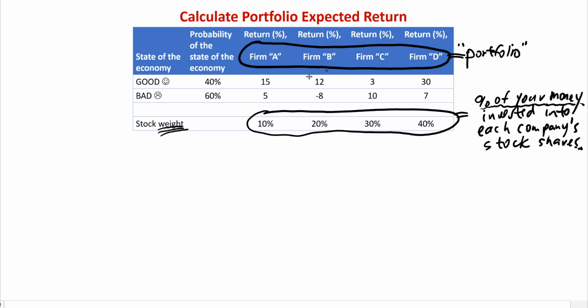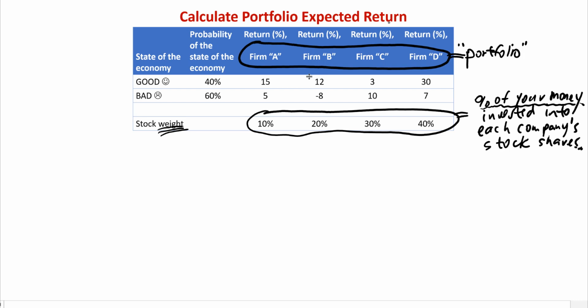Same for stock B, the good state of the economy and the bad state of the economy, 12% and minus 8%. Stock C, 3% if it's the good state, 10% if it's the bad state. Firm D, 30% if it's the good state, 70% if it's the bad state.